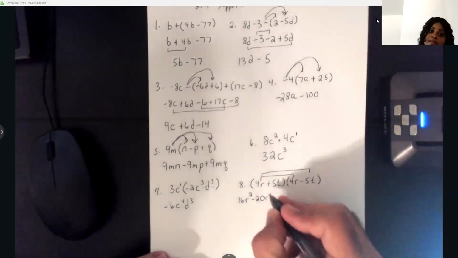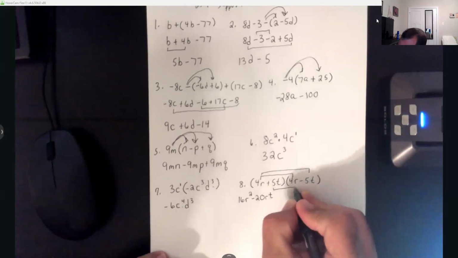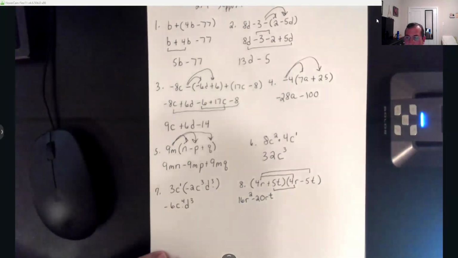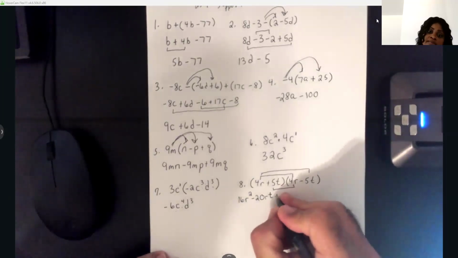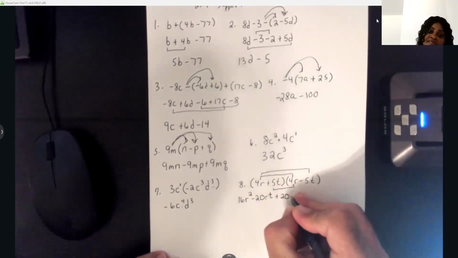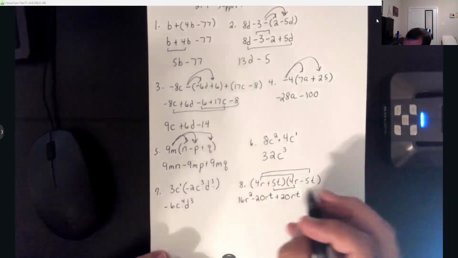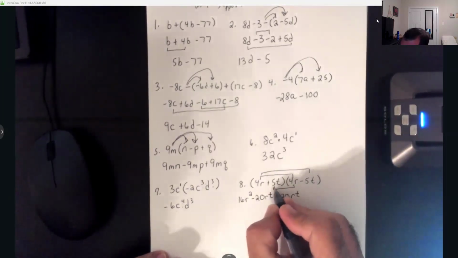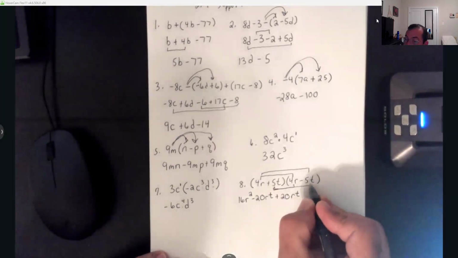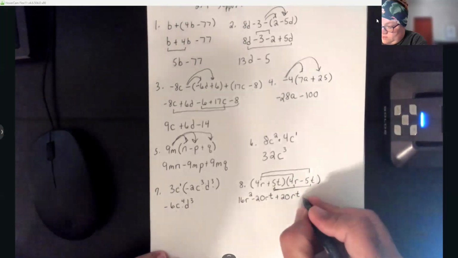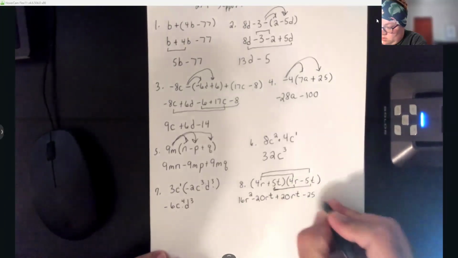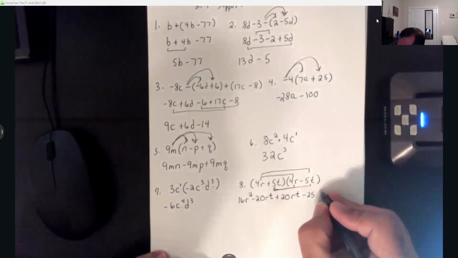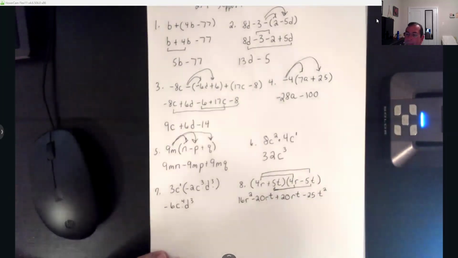But y'all, what do we get here? 5t times 4r, positive 20rt. Okay, and then finally, you got the 5t times a negative 5t, negative 25t squared, there you go.